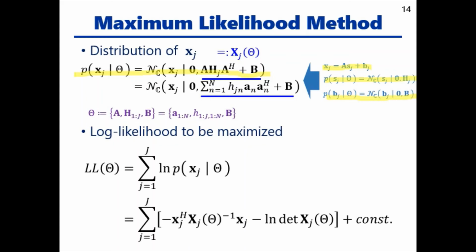This can also be rewritten like this, using the mixing vectors A. Let us denote the covariance matrix by capital X. In the maximum likelihood method, the parameters are estimated by maximizing the log likelihood, which becomes like this.